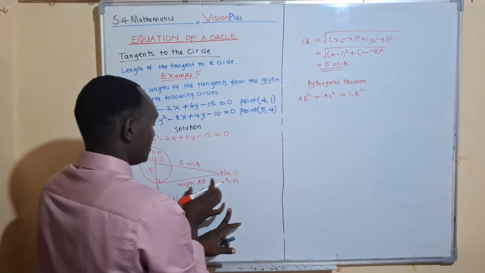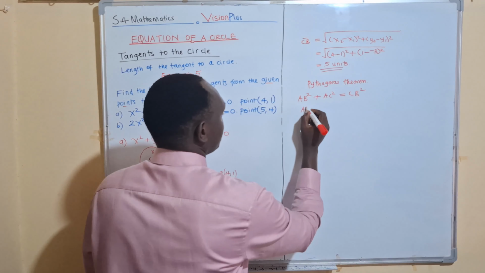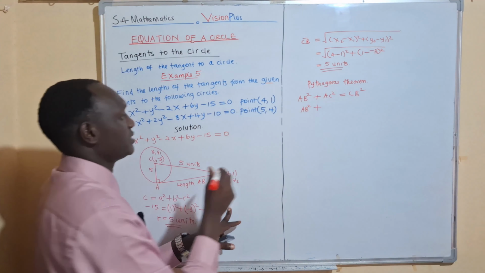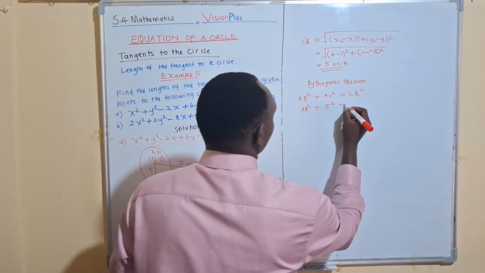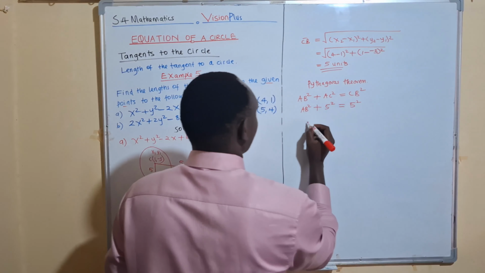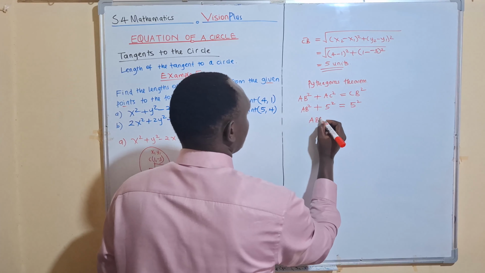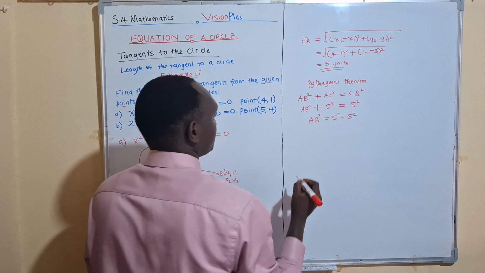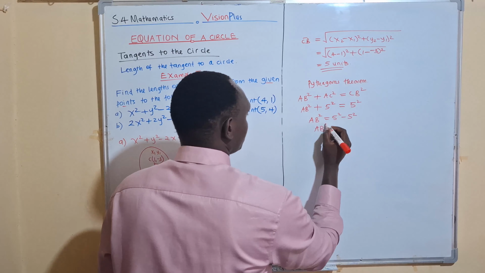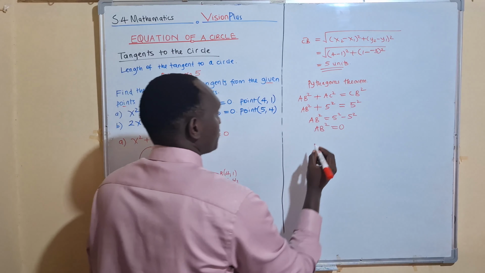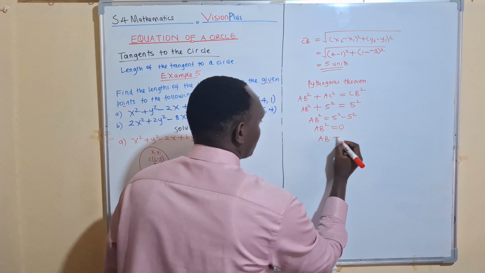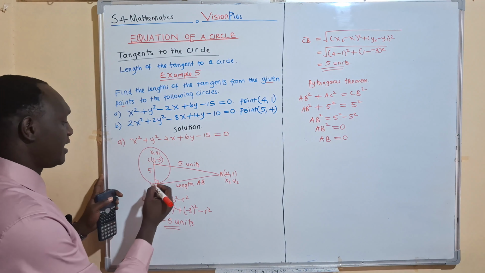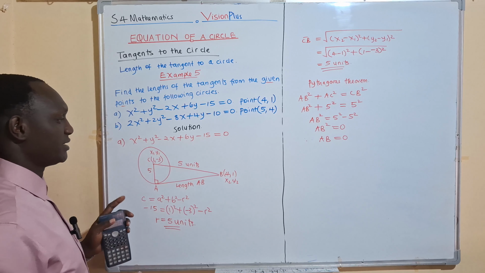We are looking for AB, the length of the tangent: AB squared plus AC squared, where AC is the radius, 5 squared, equals CB, which is also 5 squared. That means AB squared equals 5 squared minus 5 squared, so AB squared equals 0. Taking the square root, AB equals 0. Therefore, the length AB is 0 units.